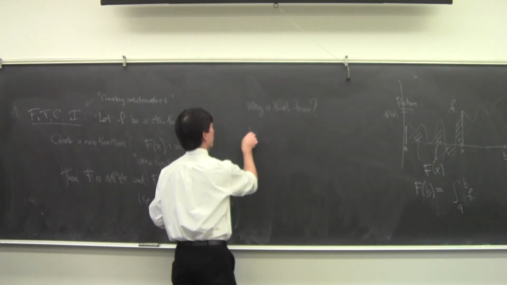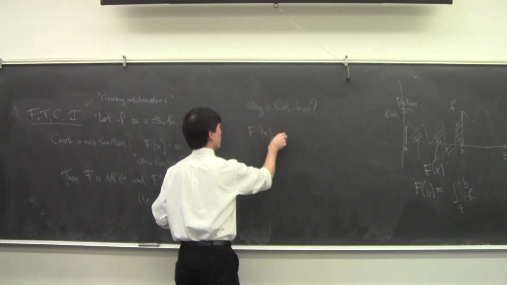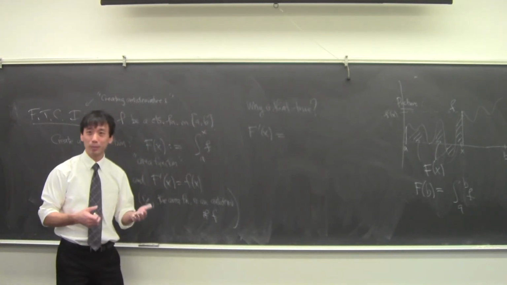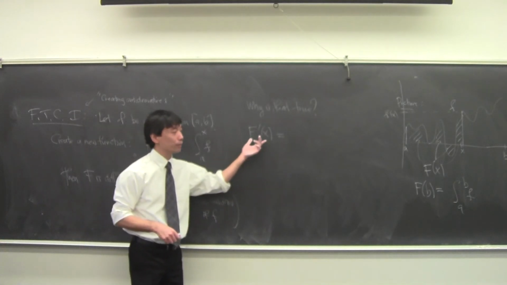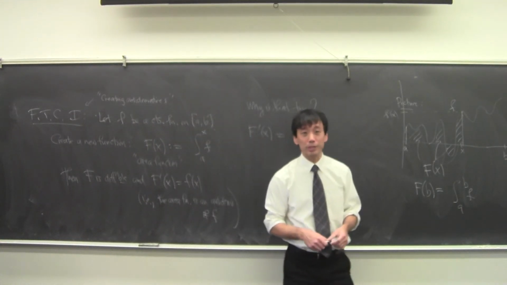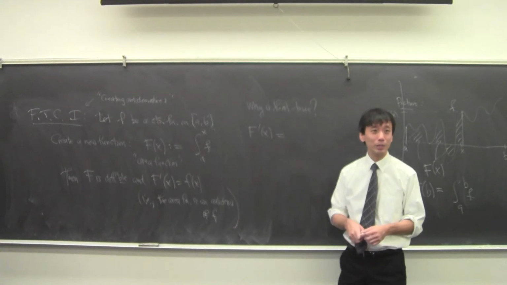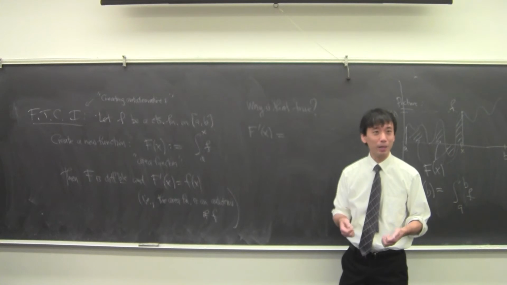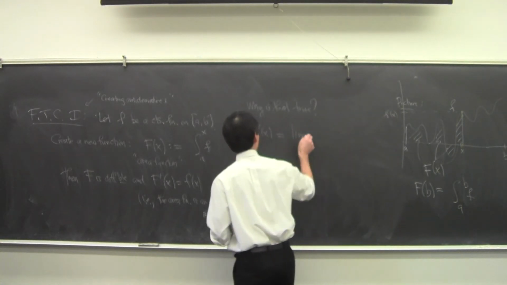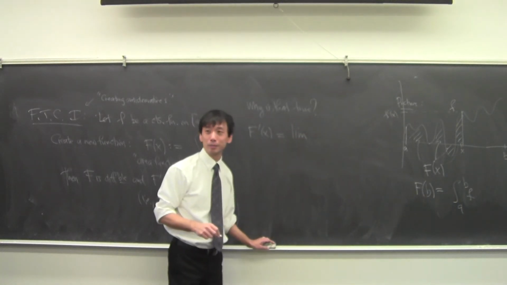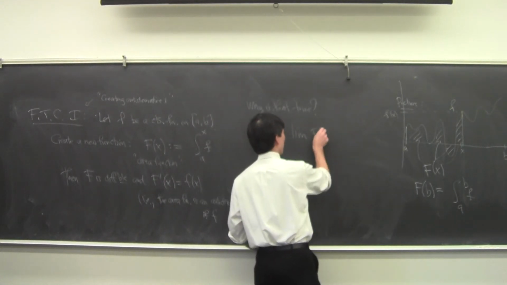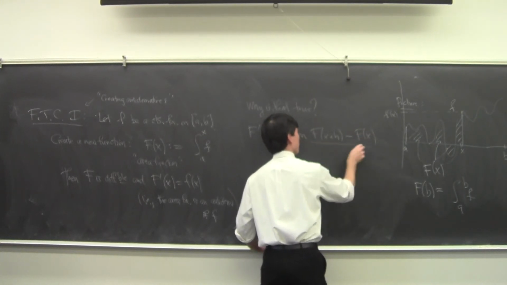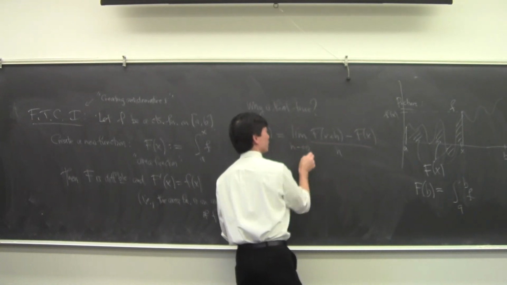Big F prime at x. What's F prime at x? We're just going to go back to what these things are. What's the derivative of a function? We said last class, it's the limit of f of x plus h minus f of x over h as h goes to 0.